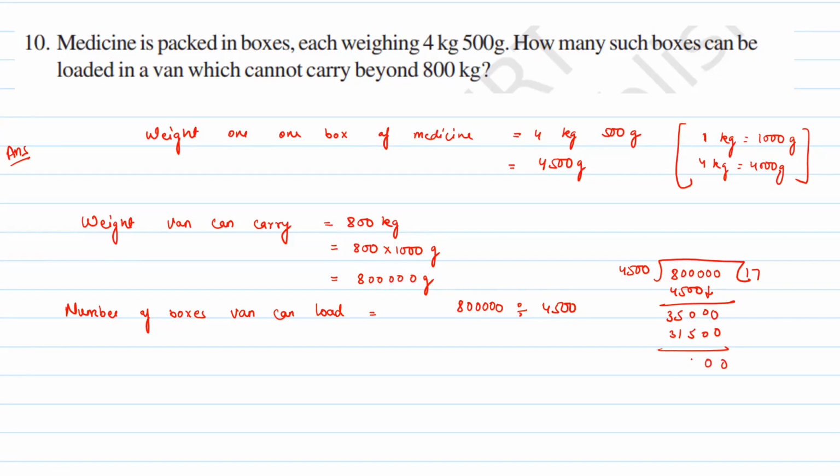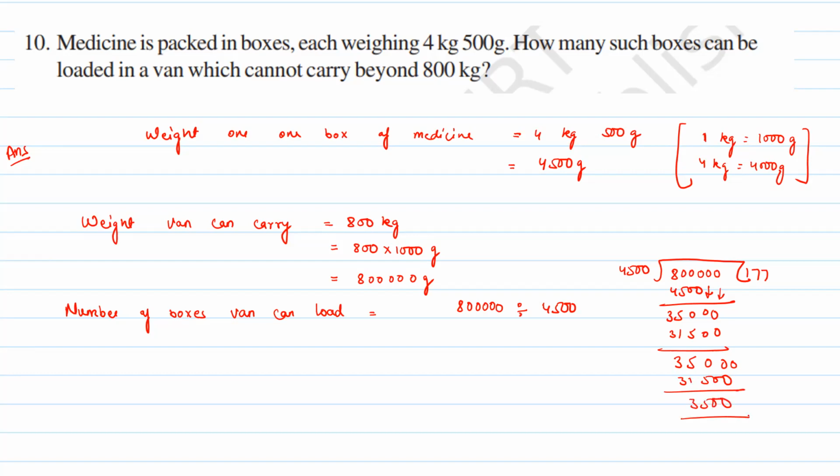So it is 0, 0, 5, 3. Again 3500, again 10, again 7. So 31,500.